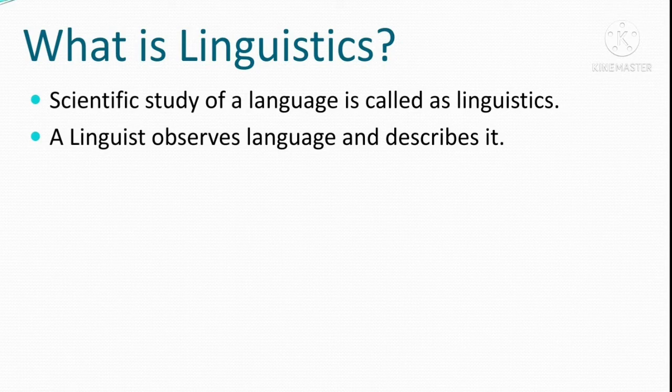How different is my accent? What is wrong with my intonation? Or why do I speak bad English? Is my pronunciation wrong? So you observe with a set of rules in your mind, and you try to test me with all those rules, and you identify where I go wrong. So this is a scientific study of linguistics.